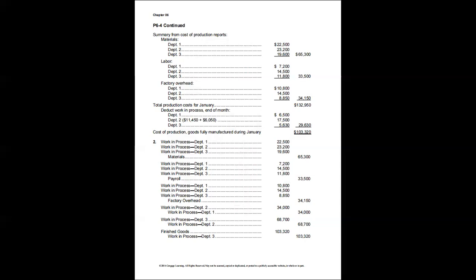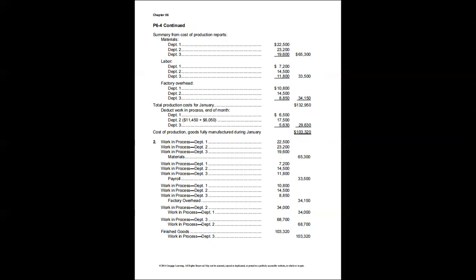Then for number 2, we debit to work in process departments 1, 2, and 3 with all these costs given. Then for second, we have 7,2, 14,5, and 11,8, and for the third. Then we debit finally to work in process department 2 for 34,000.